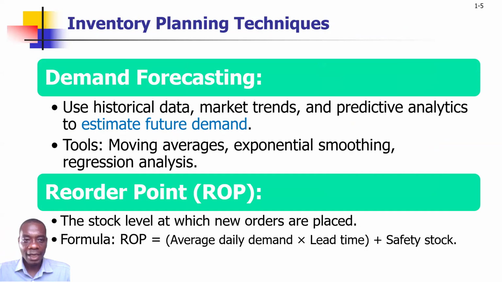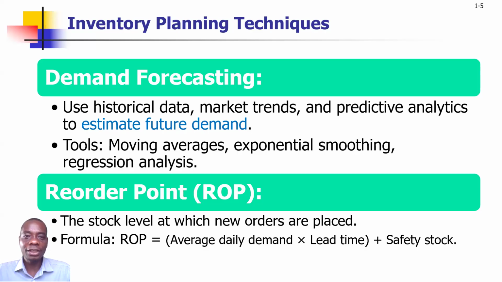So let's look at the concept of demand forecasting and then reorder point. So demand forecasting is basically anticipating in future how much of your inventory or particular good you need in stock, or how much your customers will be buying, so that you can also plan to produce that much. Remember, we talked about obsolescence, goods or your products expiring.